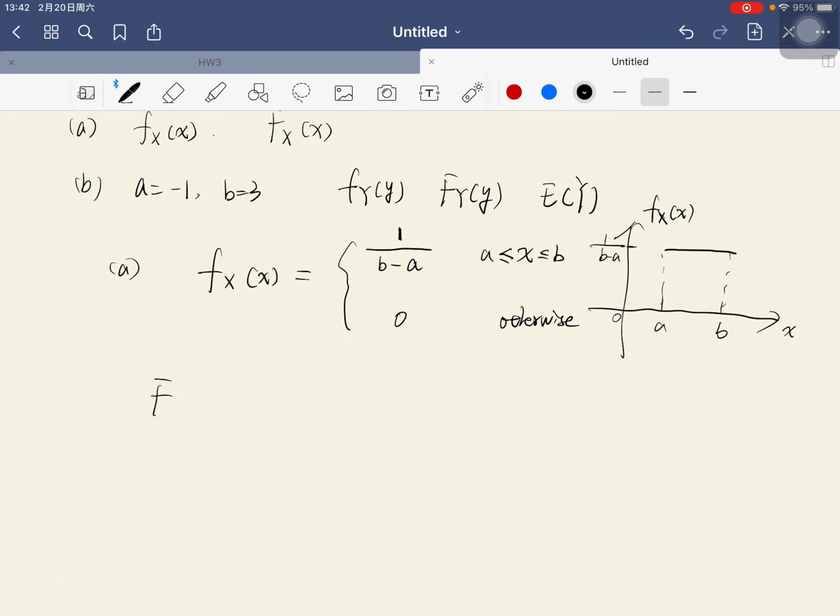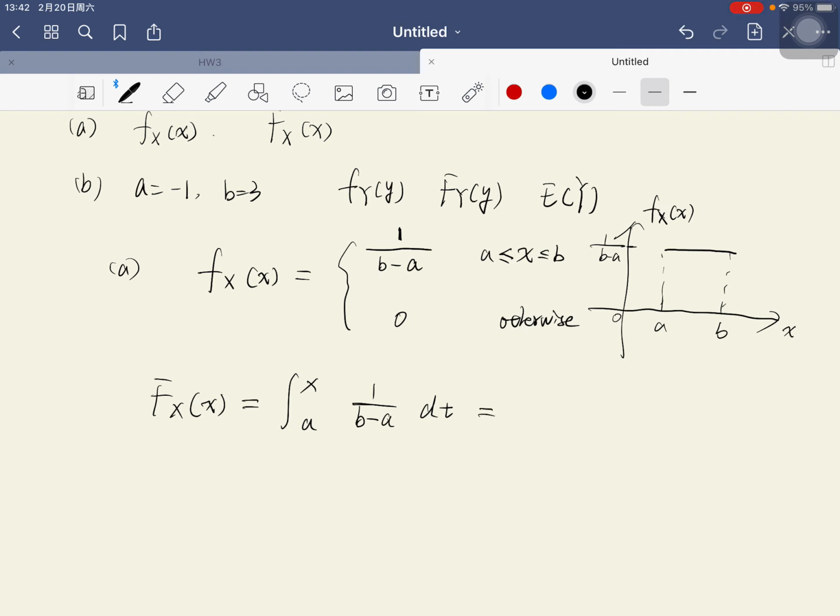For the distribution function, we could compute it as the integral of the density function. The range is from a to x, and the density function is 1 over b minus a, integrated over t.